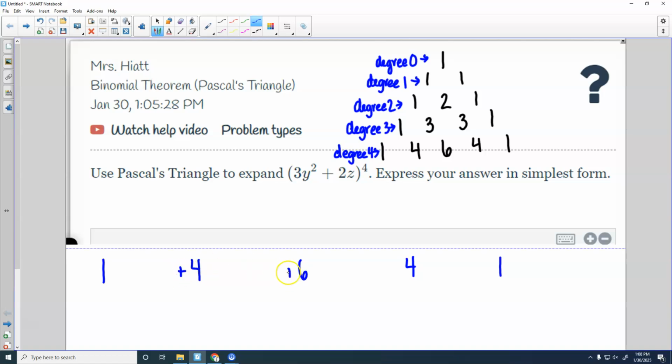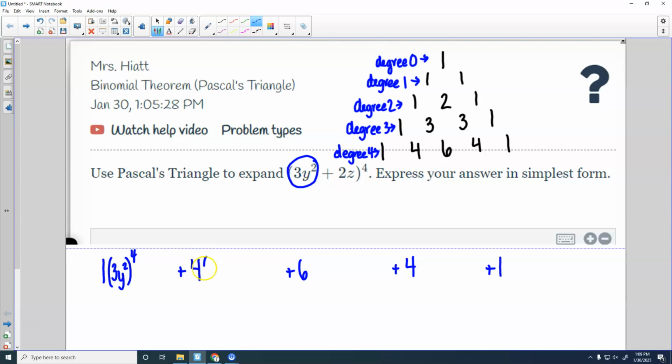I'm going to be adding this stuff together here. And so you're going to take whatever your first term is right here. And you are going to go to the first coefficient, and you're going to have 3y squared to the 4th power.